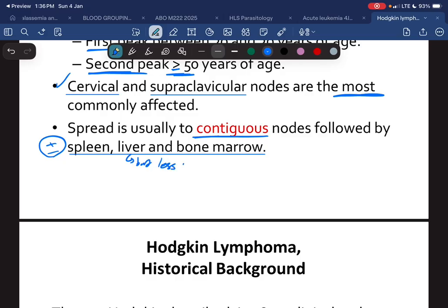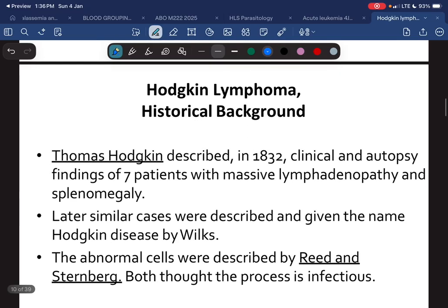Okay, here we just talked about the historical background. Hodgkin disease was first described in 1832 after autopsy of 7 patients with massive lymphadenopathy. They did not think it was a neoplastic process. They called it Hodgkin disease.